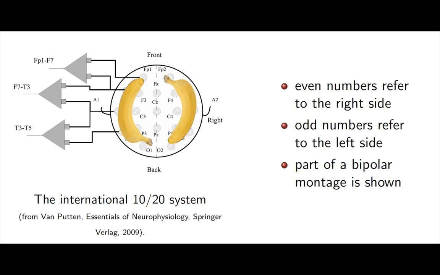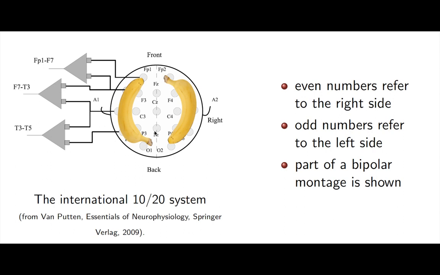So in this way we can record 4 voltage differences on the left side, and similar on the right side, and between this one and this one, this one and this one, etc., on the left and on the right and in the central. So that eventually results in 19 traces.